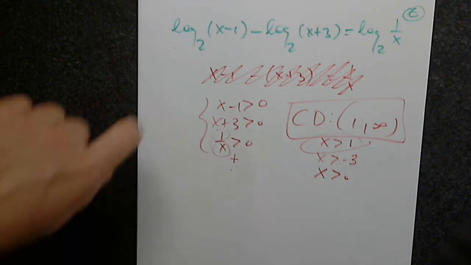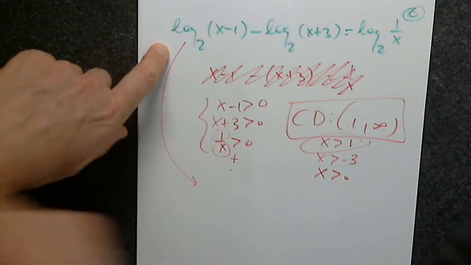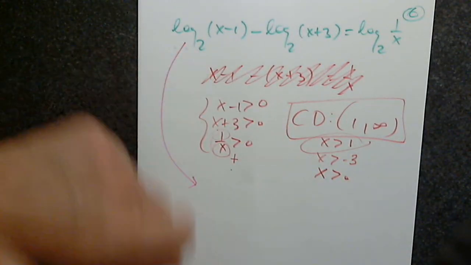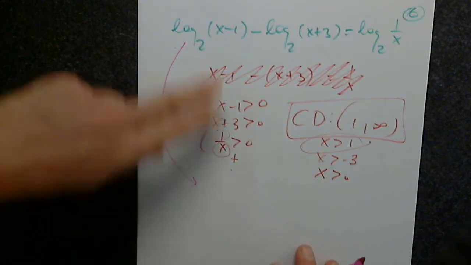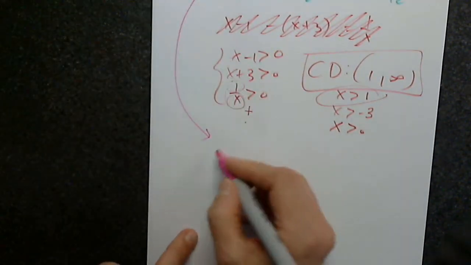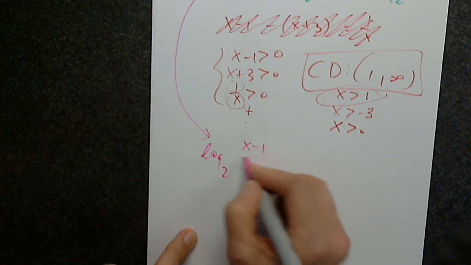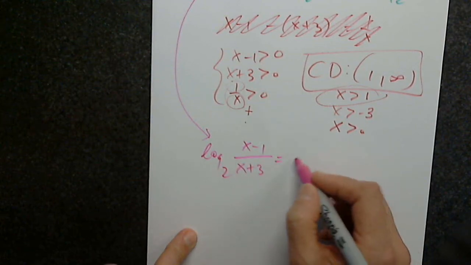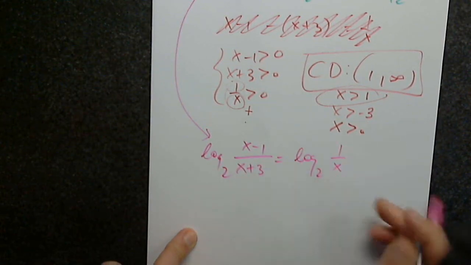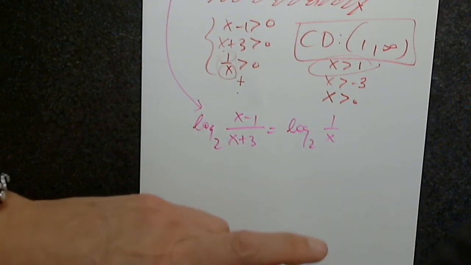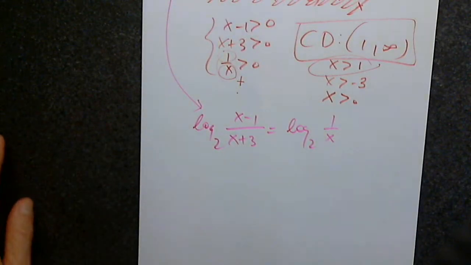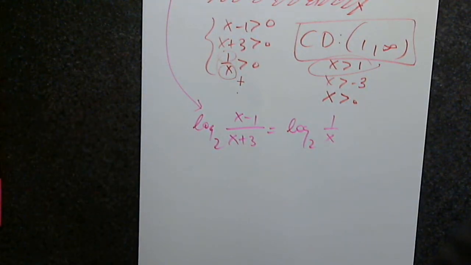Okay, so now we have to condense. Then we'll look at 18 or 19, or the problem from the final exam. So remember how we condense. It's log base 2 of x minus 1 over x plus 3 equals log base 2 of 1 over x. And remember the procedure. And please don't cross out the logs.